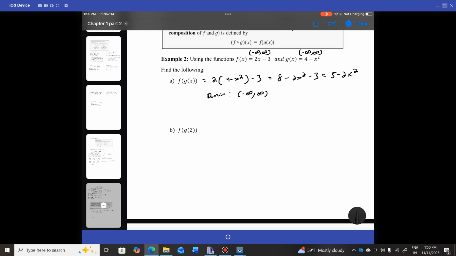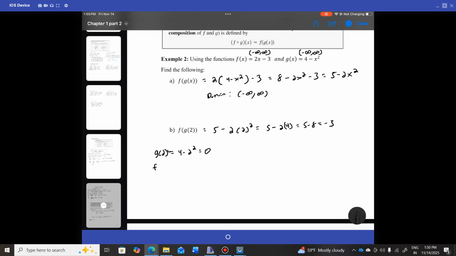So f of g of 2 is 5 minus 2 times 2 squared. And so 5 minus 2 times 4, which is going to be 5 minus 8, which is negative 3. This is the same thing as finding g of 2, being equal to 4 minus 2 squared, which is going to be equal to 0.